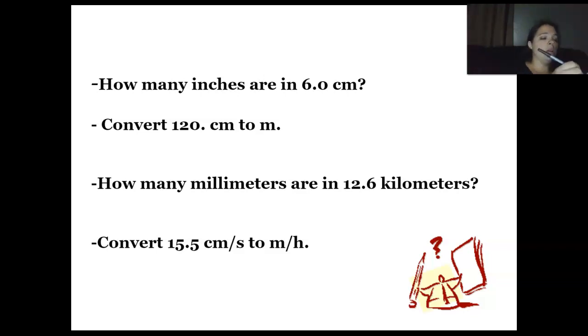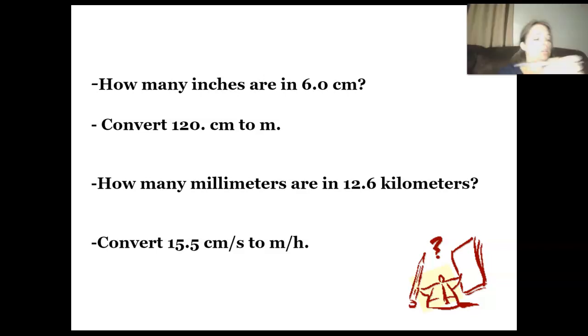All right, how many millimeters are in 12.6 kilometers? A lot of you got confused on the check for understanding. So this is how you would do it. I'm going to go from kilometers to meters because I got to get to the base before I go to the negative.